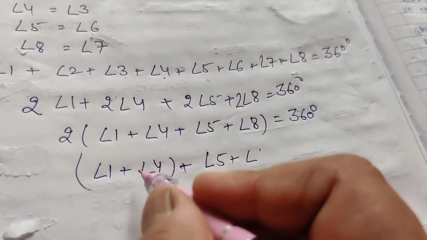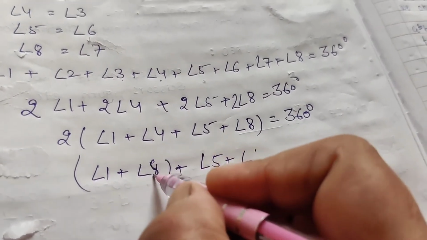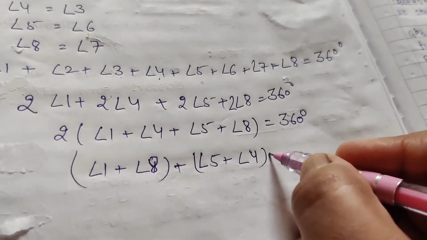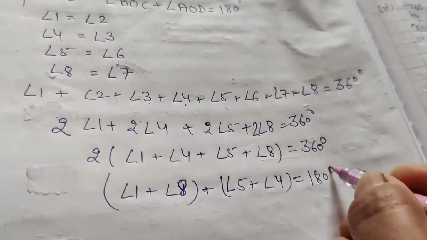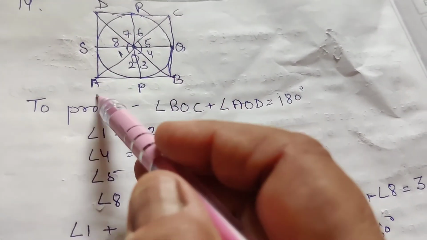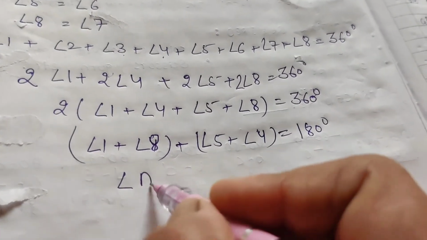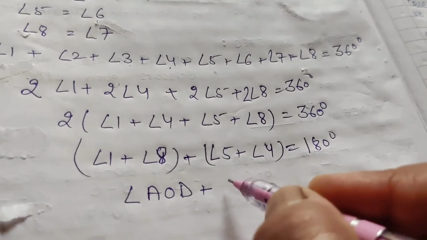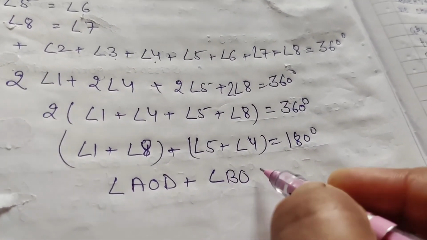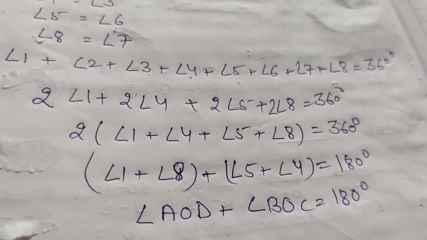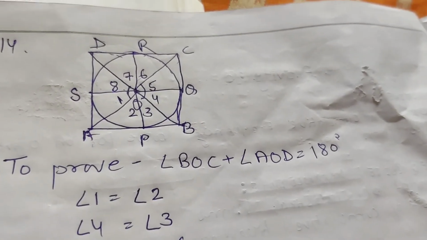Sorry, angle 1 plus angle 8 and angle 4 plus angle 5 equal to 180 degree. Now angle 1 plus 8 is AOD, and angle 4 plus 5 is BOC, equal to 180 degree. Proved. Angle AOD plus BOC equal to 180 degree.